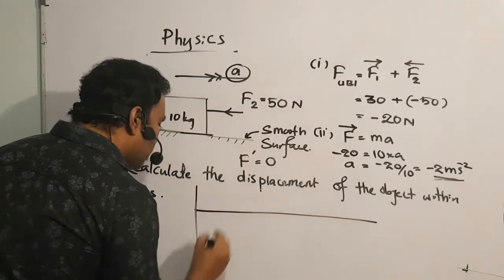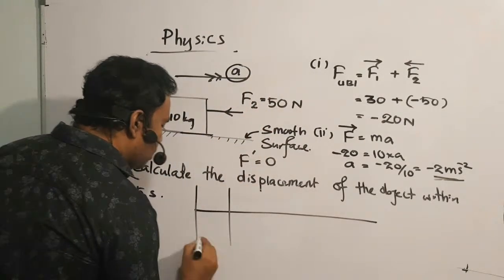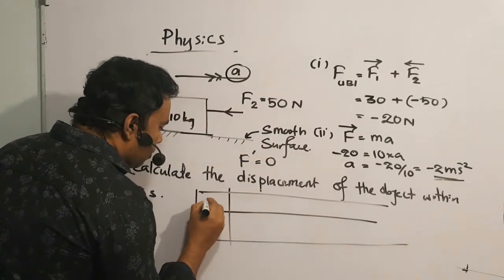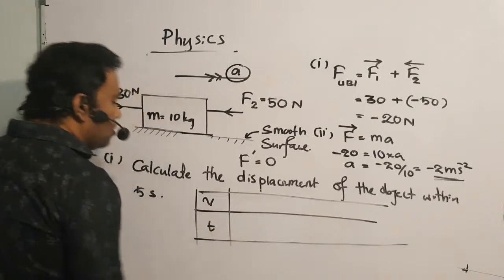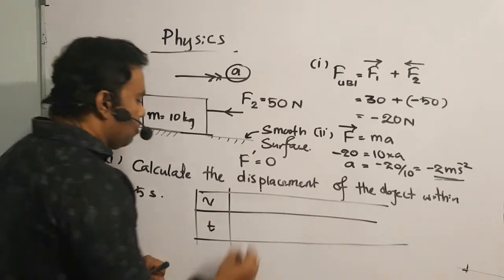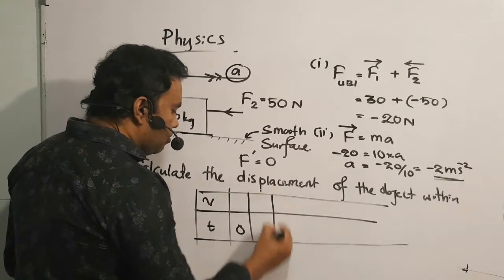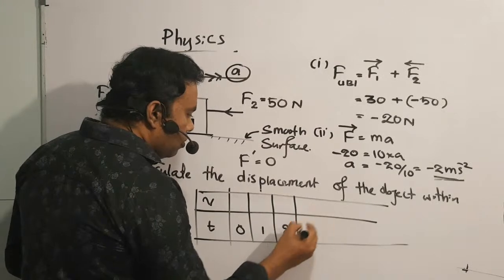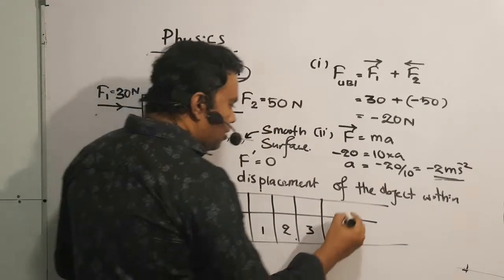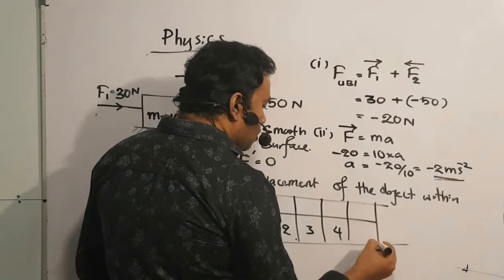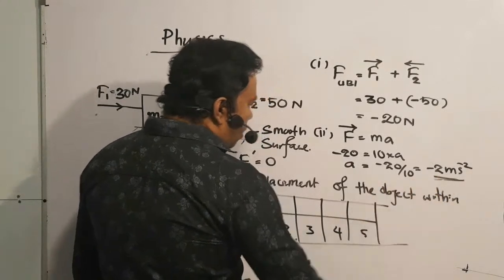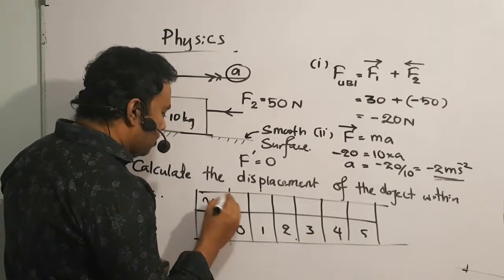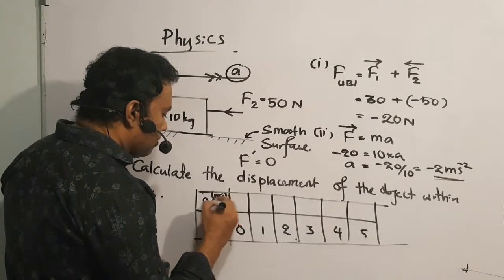Here you can put velocity and time: 0, 1, 2, 3, 4, 5. We consider only 5 seconds of time. This is by seconds, and this is by meters per second.